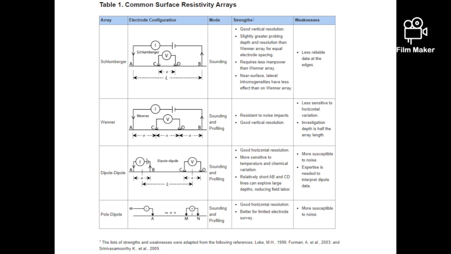Schlumberger is the best method, then Wenner, and then the dipole method, which is used for horizontal resolution. The pole-dipole method is also used for horizontal resolution, and the Wenner method is used for vertical resolution and gives less horizontal resolution.